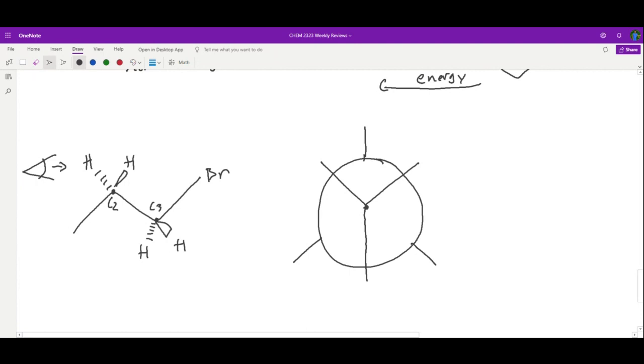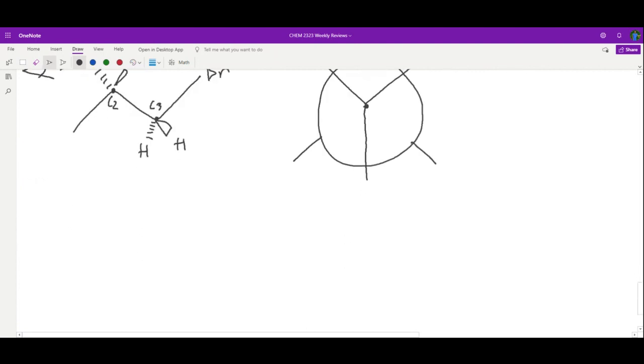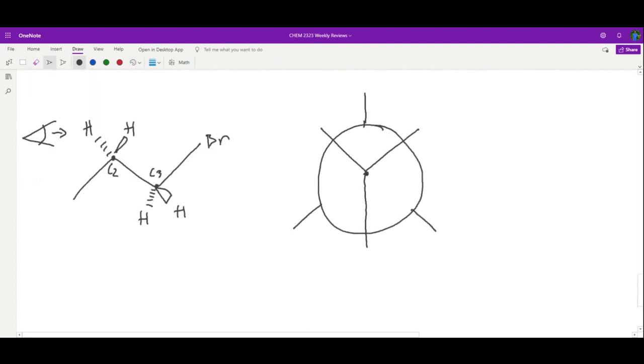You could technically have, so let's say my orientation looks like this, where I'm still looking from this direction. Then my circle would look like this.